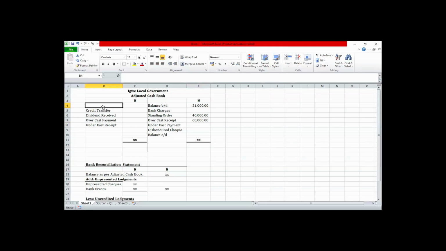Then they will credit that account and come to this adjusted cash book and debit it. They will put it here as fixed deposit account, 130,000.